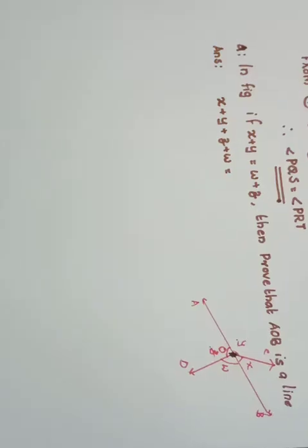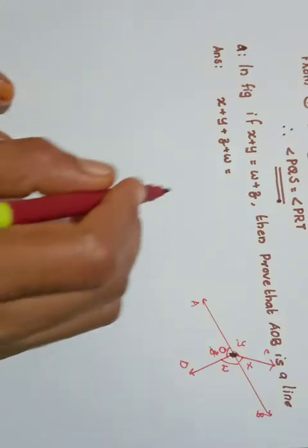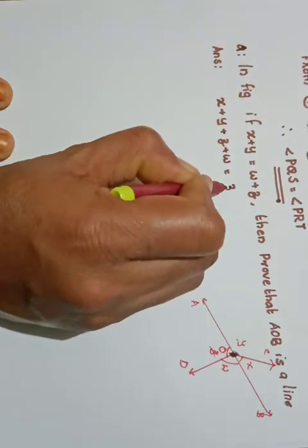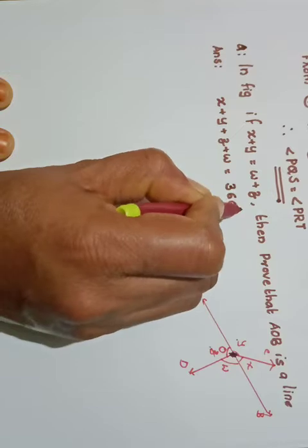So full angle is 360 degree, isn't it? So once again, X plus Y plus Z plus W, these four angles are about a point O. So the sum of these angles is equal to 360 degree.